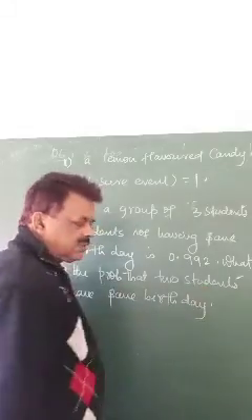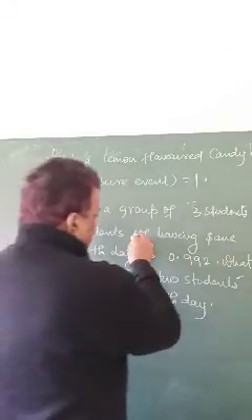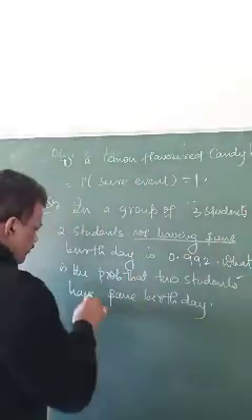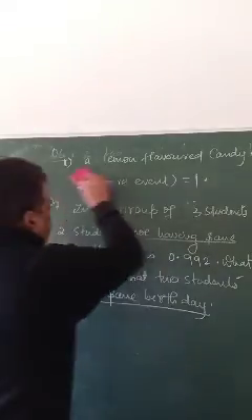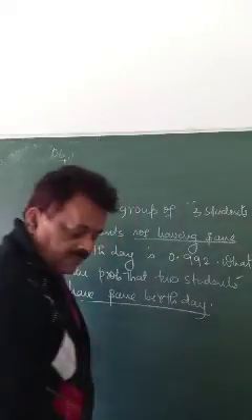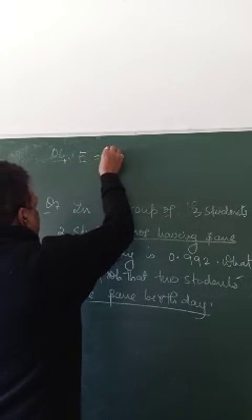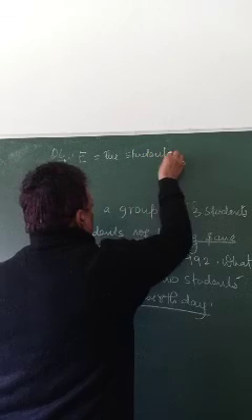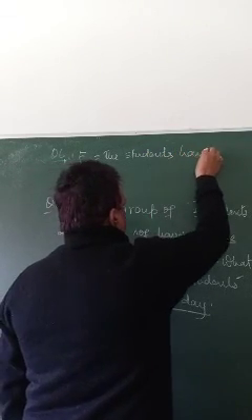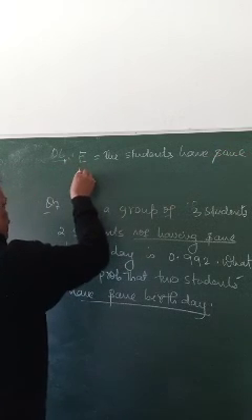See, this is a complement question. Not having the same birthday is given, and you want to find having the same birthday. Suppose you write E stands for the students have the same birthday.